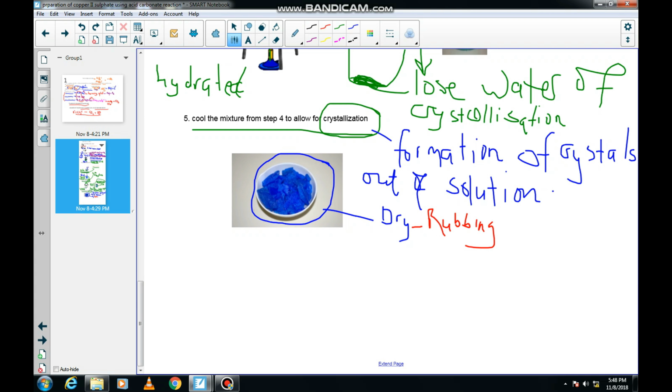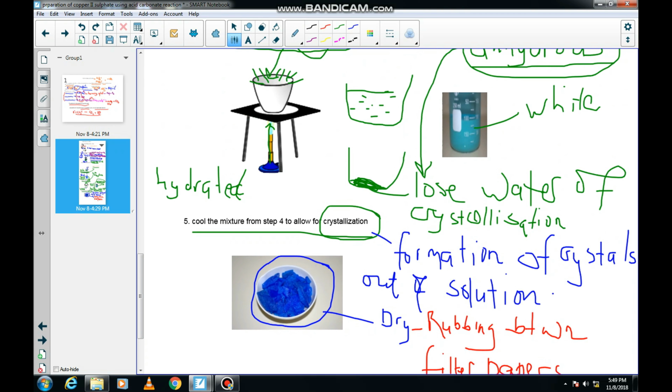The filter papers will absorb the water out of the crystals and leave them dry.